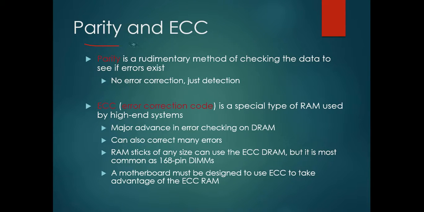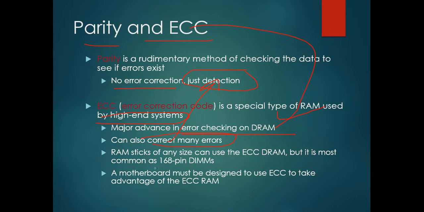Then we have parity and ECC, because RAM will have parity and ECC. Parity was a rudimentary or trivial method for checking the data to see if an error exists. So there is no correction, only detection. While ECC, error correction code, is a special type of RAM used for high-end systems. It is a major advance in error checking on DRAM, and can also correct many errors rather than just detecting.